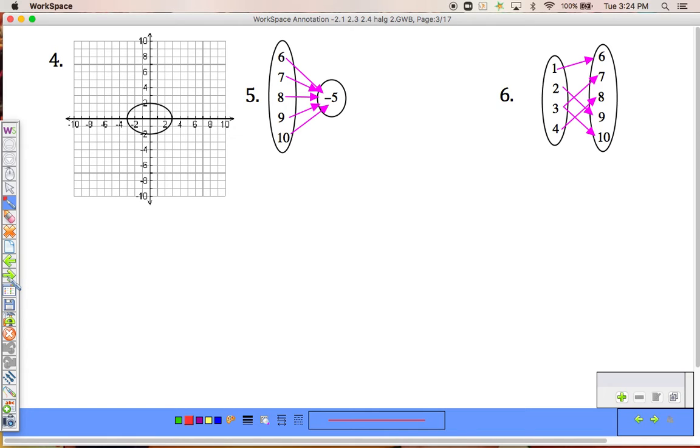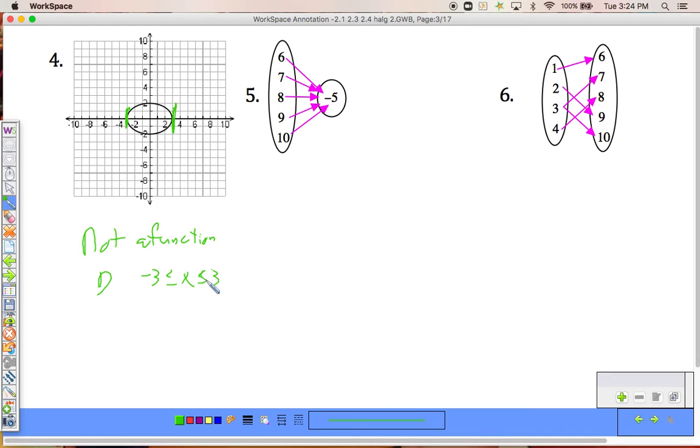All right, so for number 4, automatically right in the middle, I have this oval that fails the vertical line test. It's not a function. My domain, my left value, it starts at -3, and it goes to +3. -3 is less than or equal to x, which is less than or equal to 3, and this is how we're going to write it.